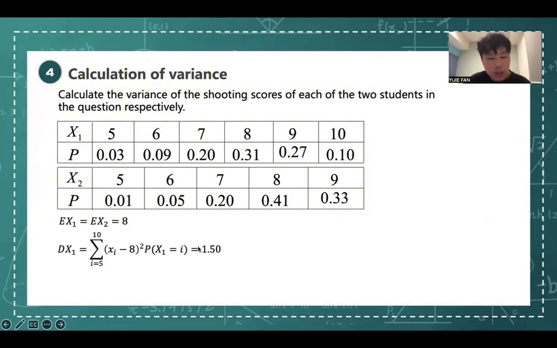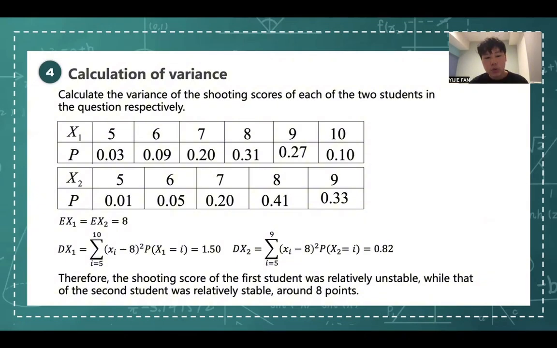Now we replace the real data into this formula, so we get DX1, which is equal to 1.5, and DX2, which is equal to 0.82. Therefore, the shooting score of the first student was relatively unstable, while that of the second student was relatively stable, around 8 points, its mean value.